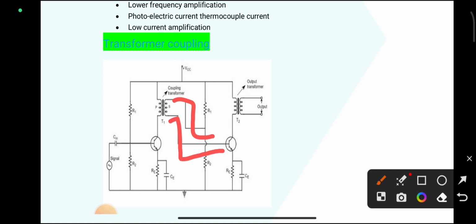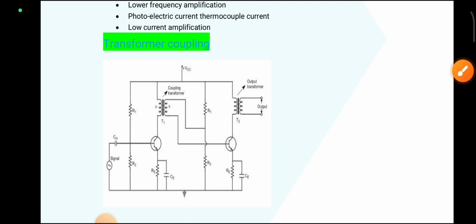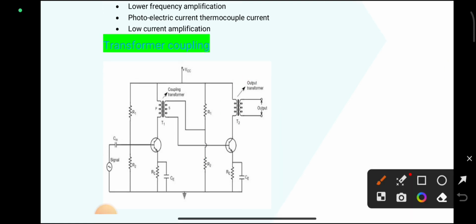Okay, next, there is another transformer present at the second stage. In this stage we get the output at the transformer secondary coil. In this position we get the output.